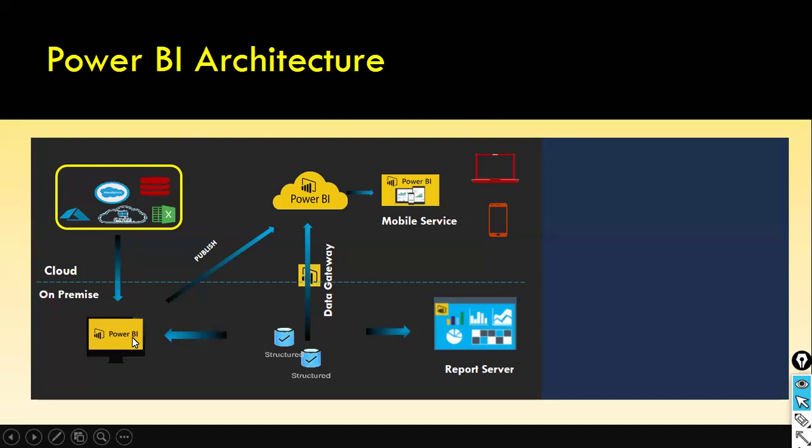All the reports you created, you publish to the cloud. Once you publish them to the cloud, people across the globe can access these reports with respect to their privileges, whatever security privileges you assign to them, irrespective of the location where they live. For example, one guy is in Australia, another is in the US, and in the US itself, different locations, different people.